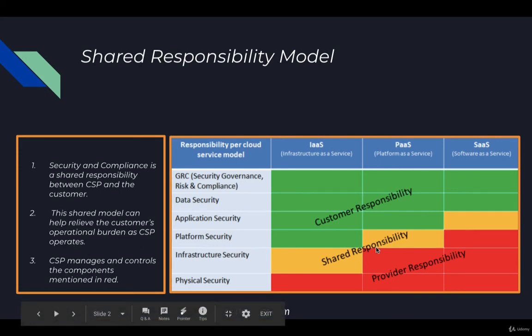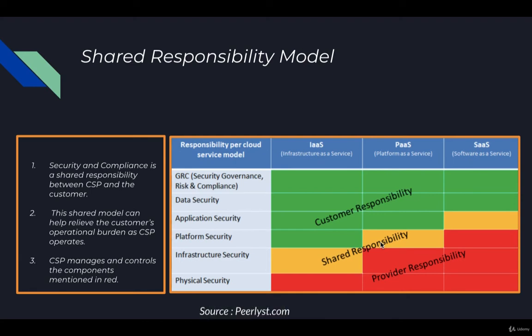When we know that something is shared, we know for which responsibilities we can go ahead and ask the cloud service provider what is required, or if they need some kind of help. And then this is the customer responsibility, so that tomorrow the customer should not be able to blame the cloud service provider that this is not their responsibility.